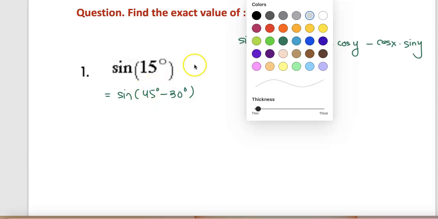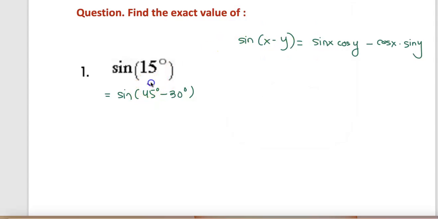In this question, x is 45 and y is 30. So when I expand it, it will look like this: sine of x, which is 45, times cosine of 30 degrees, minus cosine of 45, because x is 45, times sine of 30 degrees.